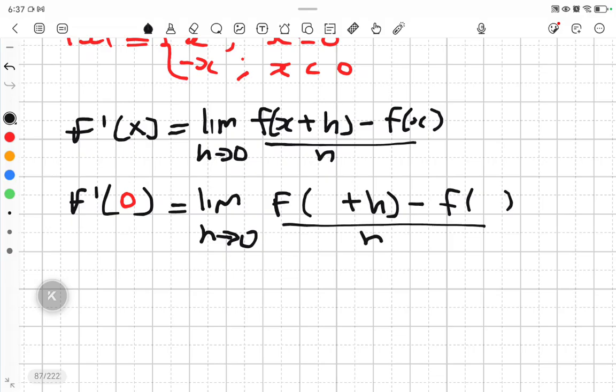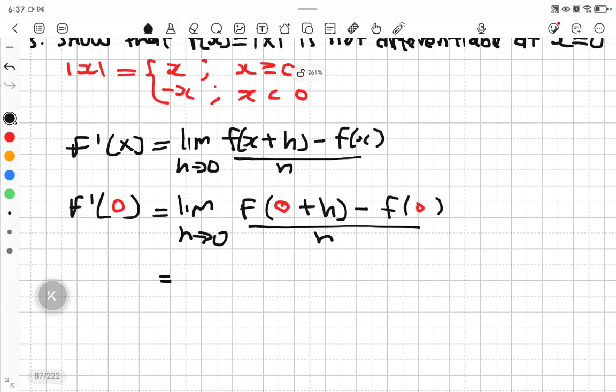all over h. I don't know who's knocking like that crazy on my door. Right? And then this will be equal to, now we check. Already, we know this.